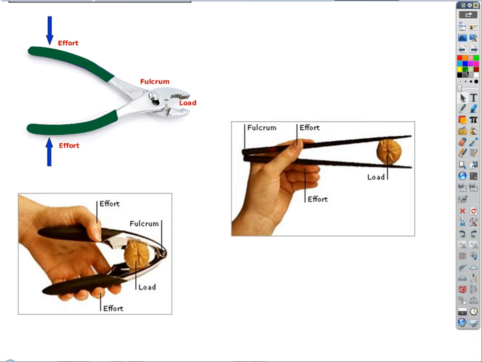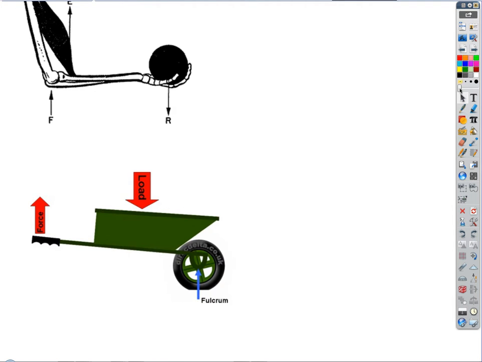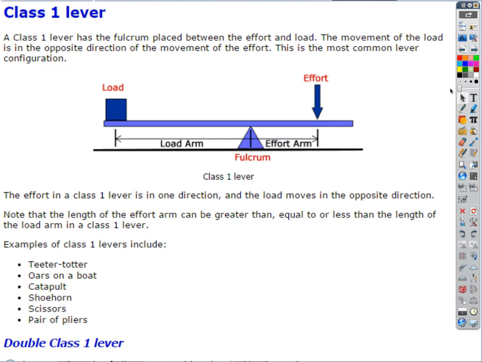Class 3. Okay, what's a stapler? It'd be class 3, wouldn't it? How about your arm when you're picking up a weight? Class 3. How about the wheelbarrow we already got? Okay, so you got the idea.